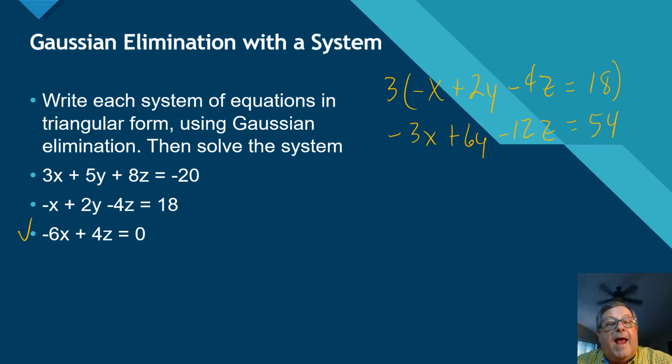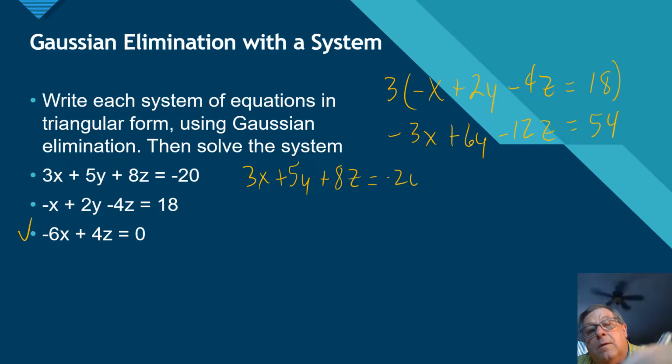Now I can add this to the first equation and eliminate the x variable. So we've got 3x plus 5y plus 8z equals negative 20, and negative 3x plus 6y minus 12z equals 54.